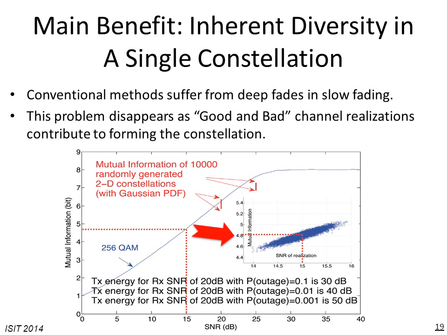Usually constellations which have higher receive energy also have higher mutual information. The important point is that for these 10,000 realizations, this cloud extends from a receive SNR of 14 to 16 dB and a mutual information of say 4.5 bits to 5.2 bits or 5.1 bits.